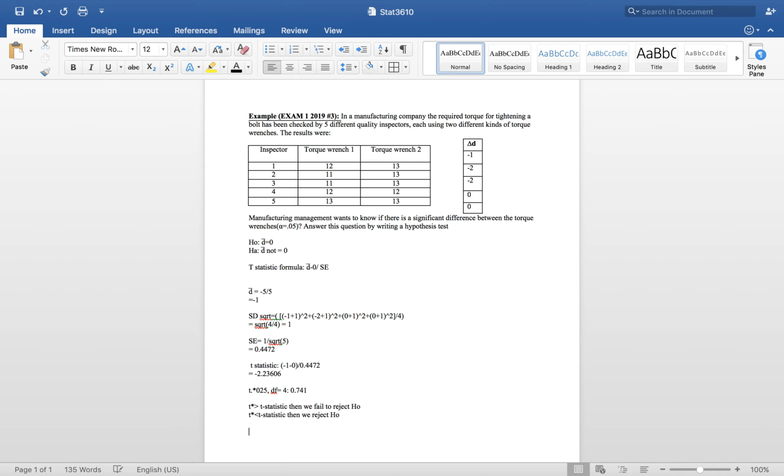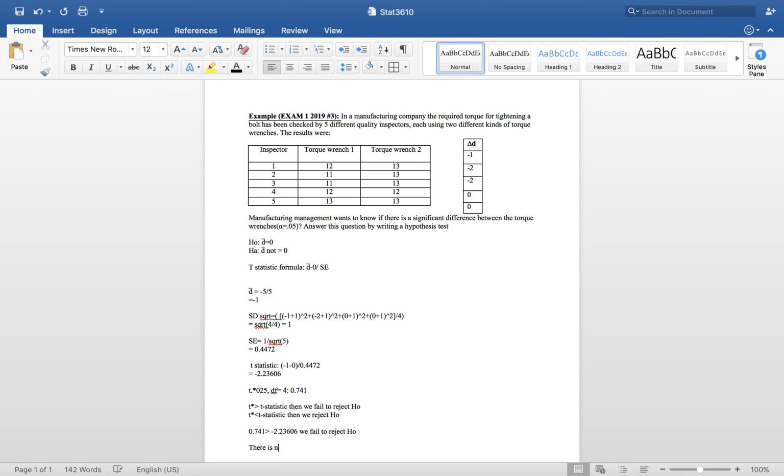Now, in this example, our t star of 0.741 is greater than our t statistic of negative 2.23606. So, since our t star is greater than our t statistic, we fail to reject H0. So now let's summarize this in a nice sentence.